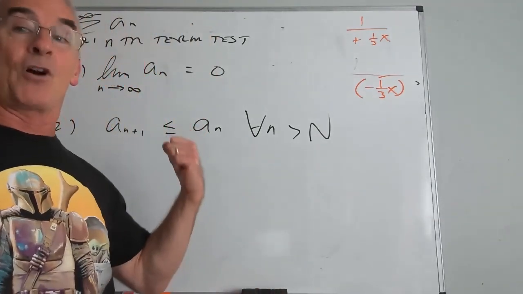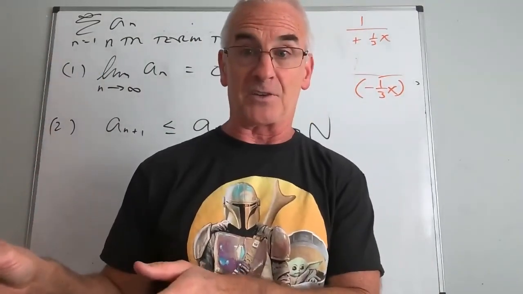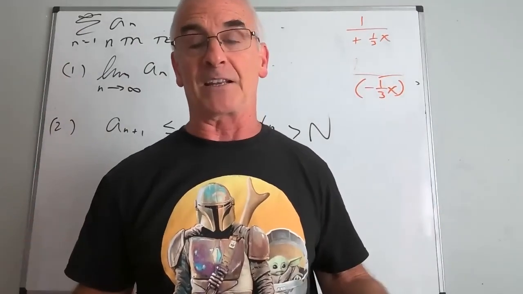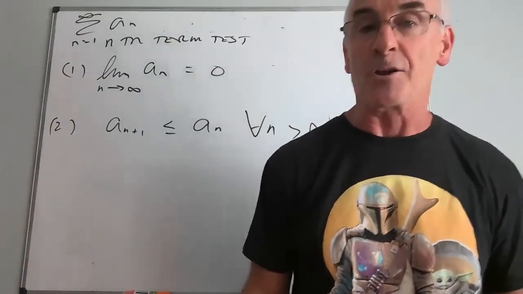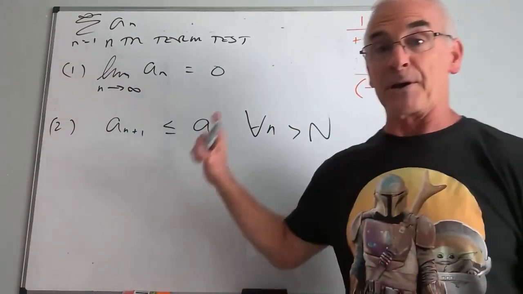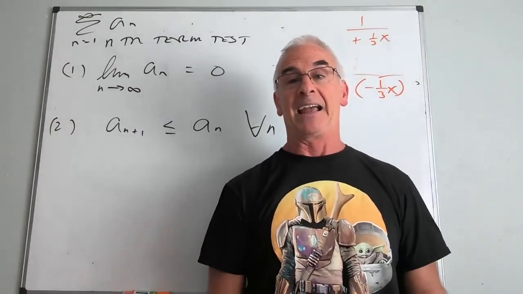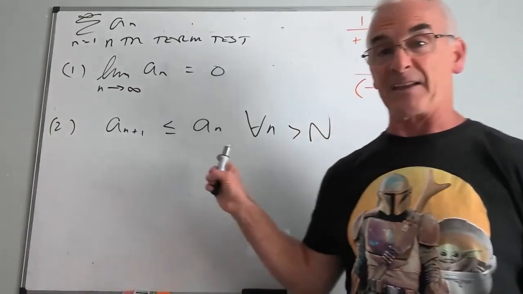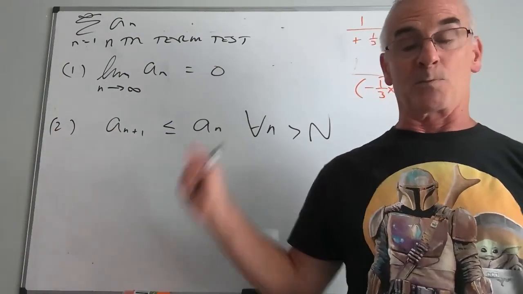In an alternating series, don't start with this, start by checking the non-alternating series. Because remember, if the non-alternating series converged, then you're already done. You have absolute convergence. If the non-alternating series diverges, but also passes this, then the alternating series converges conditionally. And if the non-alternating series fails this, then the alternating series diverges, period, because your terms aren't getting smaller.